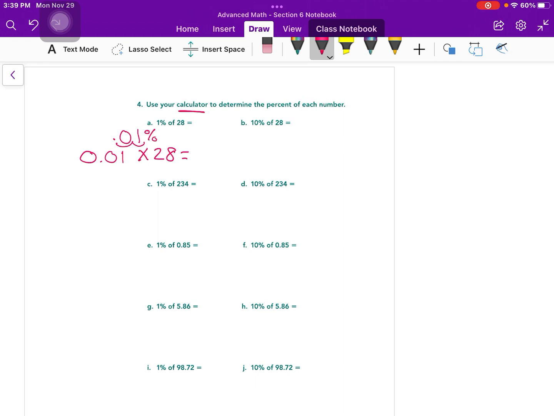Otherwise, on your calculator, you would want to type 1% times 28. So you'd want to type in the regular number 1, and then the percent key, times 28. Either way, you end up with 0.28. Go ahead and pause the video now and use your calculator to figure out 1% or 10% of all the rest of the numbers.